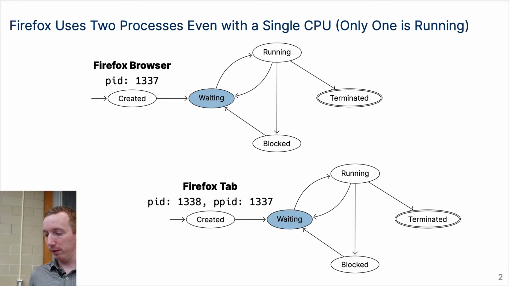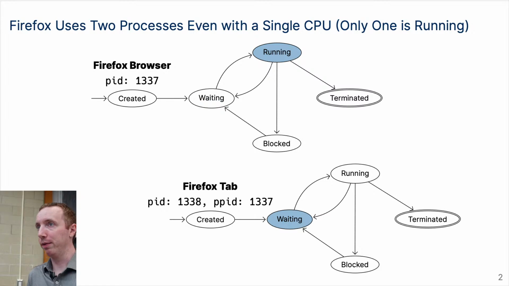Process 1337 gets context switched out, so it gets put to sleep, and then it would context switch to the other process, 1338. It would run for a while, and then it would go to waiting. And this is, again, on a single CPU, so this is an example of concurrency. I'm switching between two tasks, making a bit of progress, and switching, going back and forth.